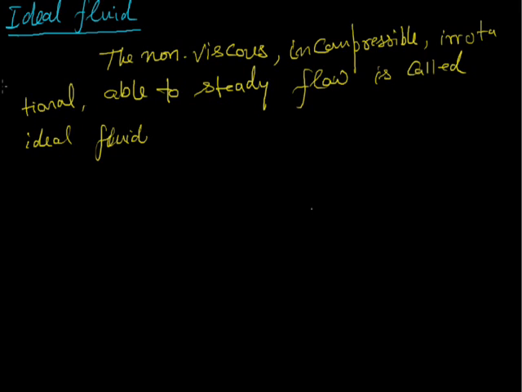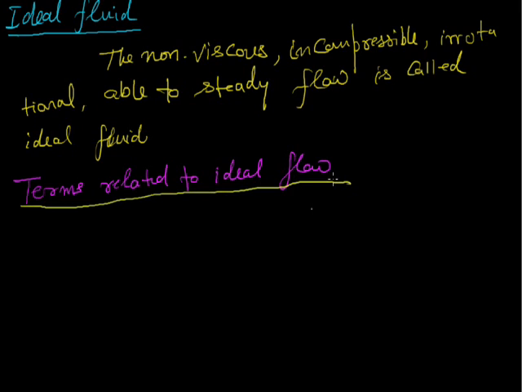Now the terms related to ideal flow. First is steady flow. What is steady flow? The fluid velocity at each point does not change with time, either in magnitude or direction.